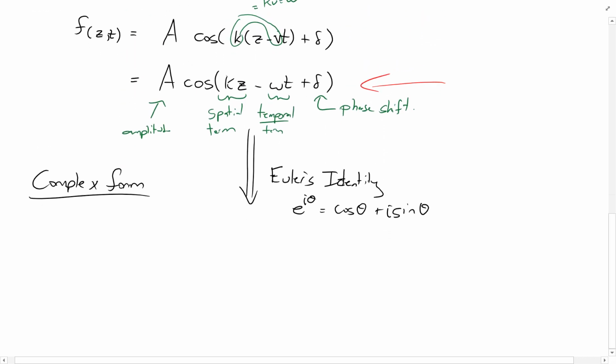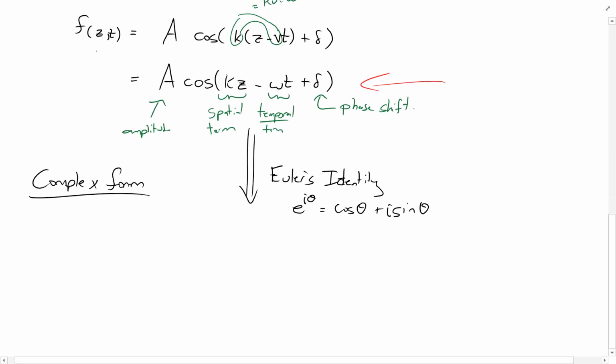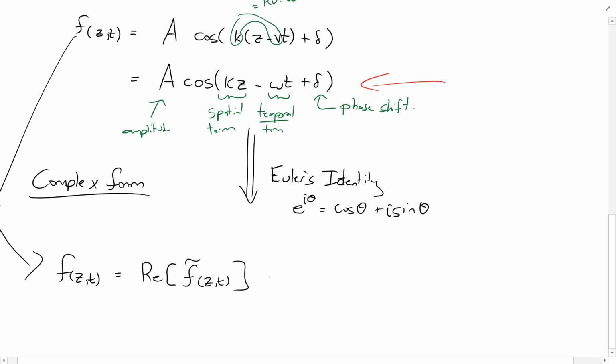So this function for a wave can then be written as the real part of our resulting complex wave.